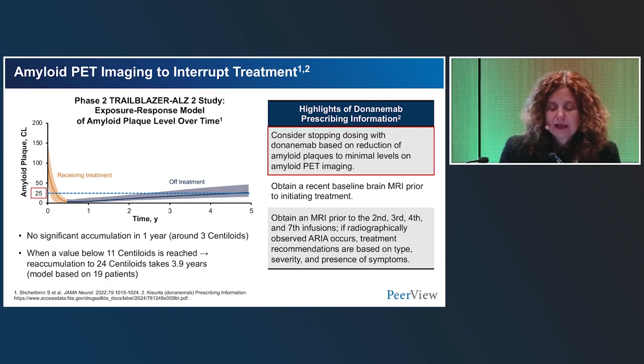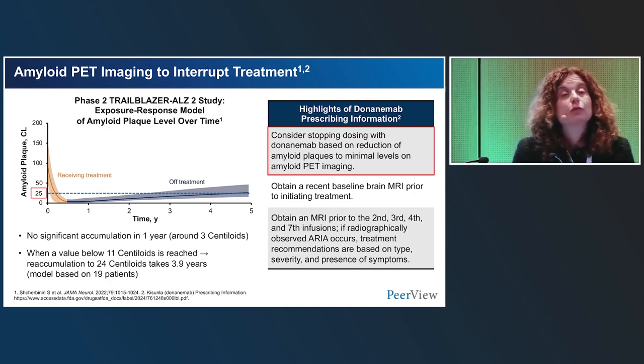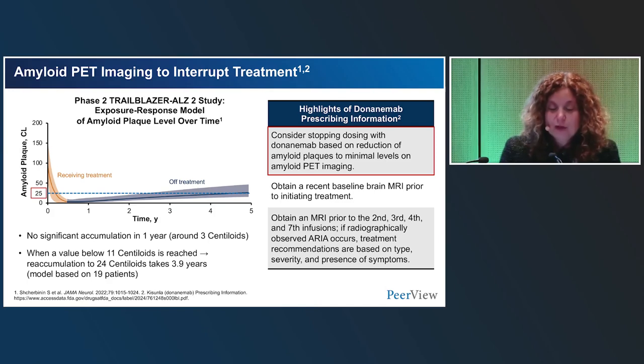And similarly, if the centiloids value goes below 12, so very close to a young adult value, reaccumulation takes from 2 to 4 years. It's just modeling, but very, very interesting.